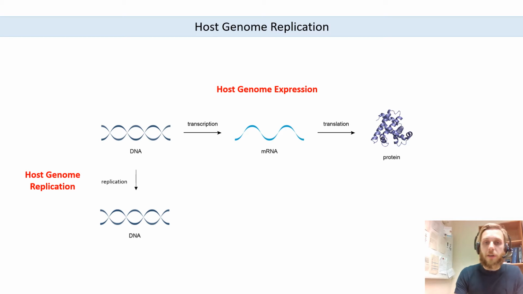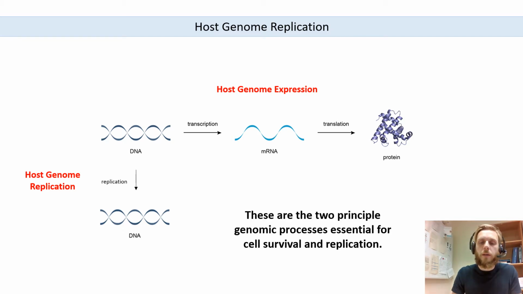Host genome replication, however, is completely different. We're going from a DNA genome, which is double-stranded, to another DNA genome, which is also double-stranded. So you're essentially getting replication, as the name implies. The genome is just being replicated. There's no RNA involved. There's no protein produced. It's just going from a DNA genome to a copy of that DNA genome.